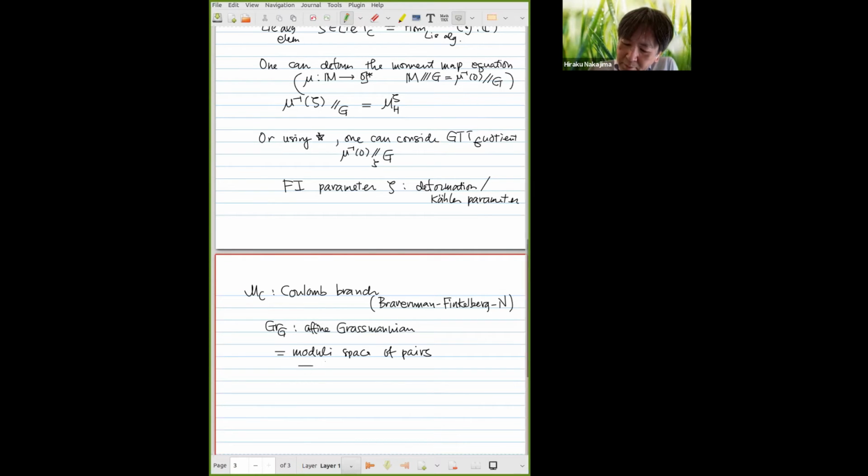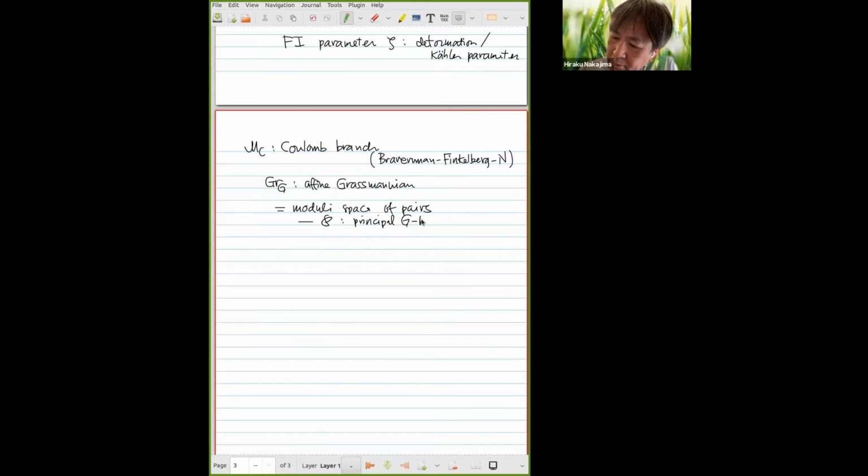The first one is P, a principal G bundle over the formal disk, the spectrum of formal power series. If you're not familiar with this, you can just consider it as a very small disk in the complex line.